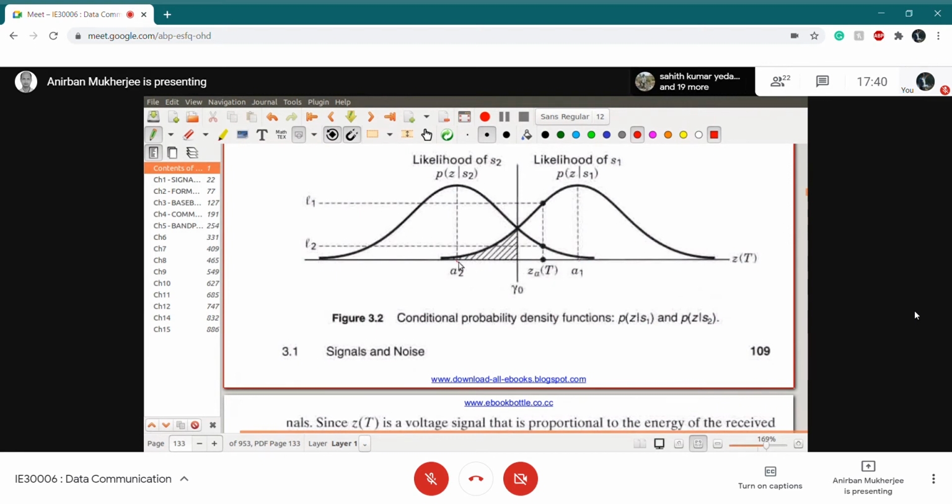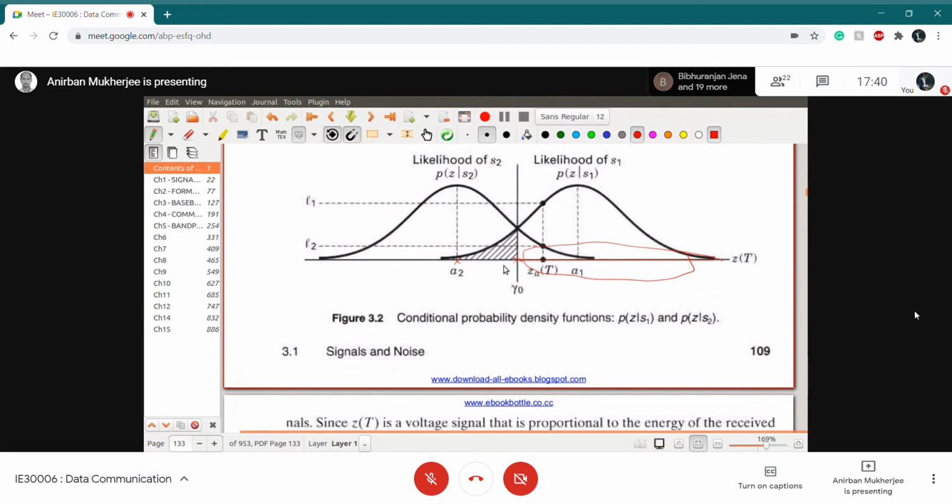Now (A1 plus A2) by 2 is your gamma 0. I am checking whether Z(T) is greater than gamma 0 or less than gamma 0. If Z(T) is greater than gamma 0, if I am receiving on this side of the signal, then I say S1 is transmitted.